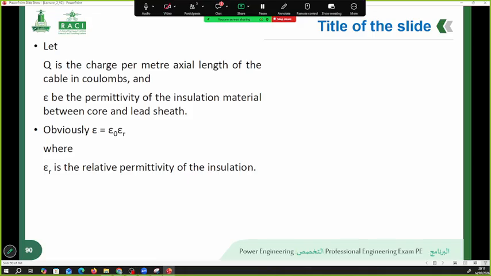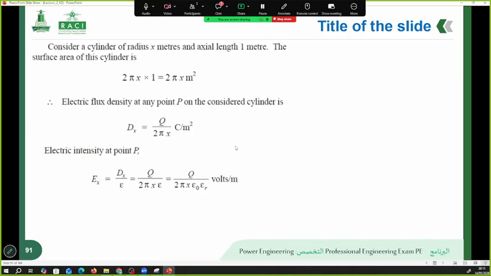The derivation starts with the definition of capacitance: C is equal to Q over V. Also, ε is equal to ε0 times εr, where εr is the relative permittivity of the insulation. And here we have these equations to find the electric intensity at point P.